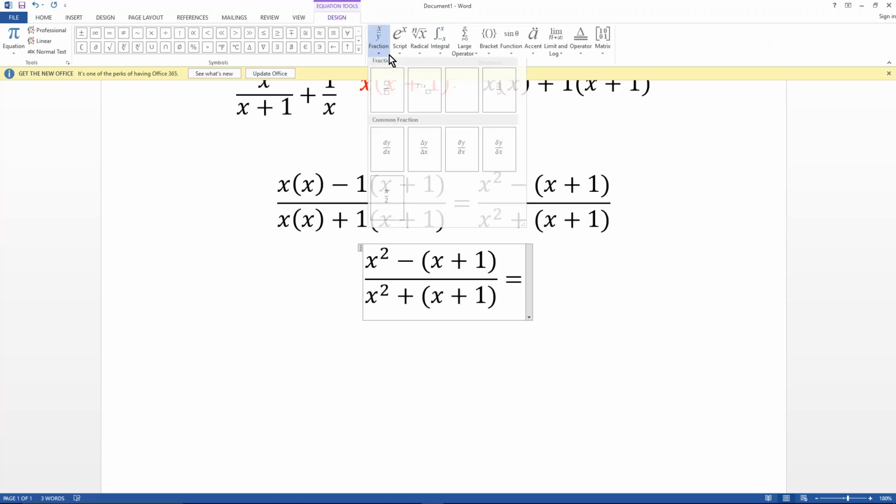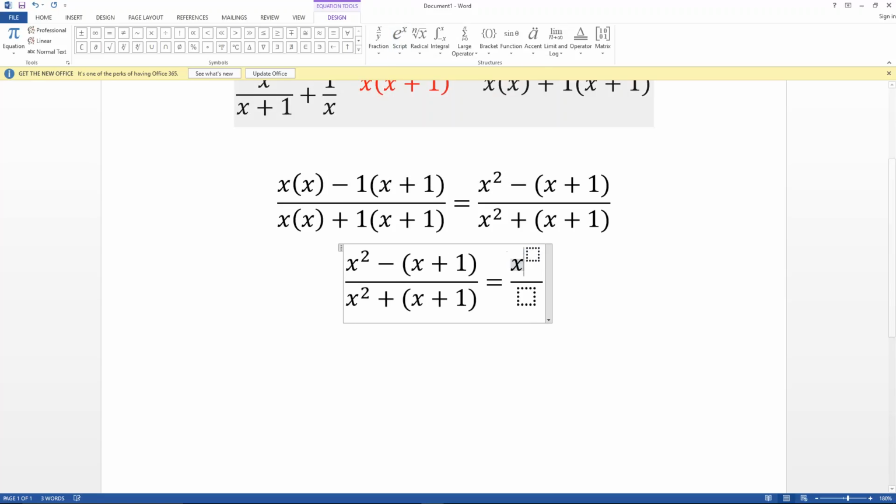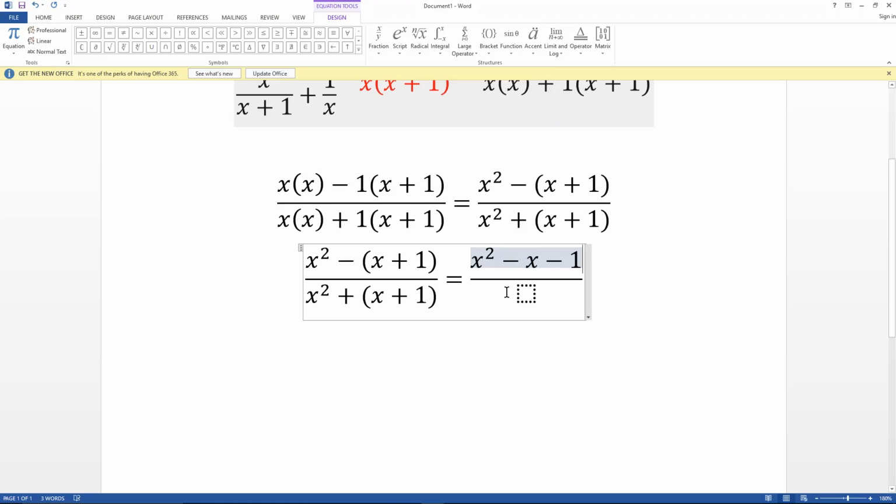So when you distribute the negative, what do you get? I'm overthinking. X squared minus x minus 1. Right. And then at the bottom is nice because you have a plus. That really means you can just get rid of the parentheses. So you really have x squared plus x plus 1.